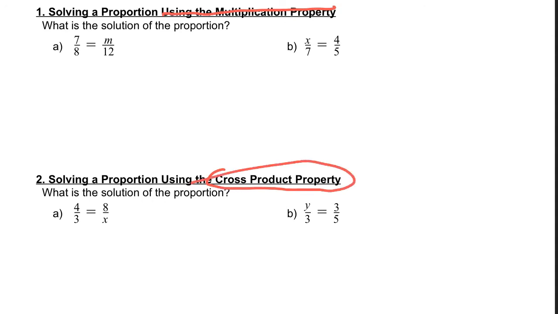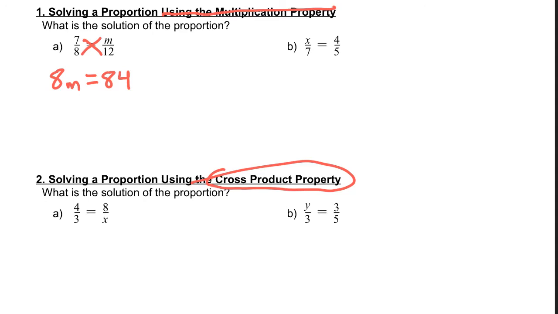So cross product states if I multiply across, I'd multiply 8 by m to get 8m, that is equal to 7 times 12. And 7 times 12 is 84. So cross products is me multiplying across.